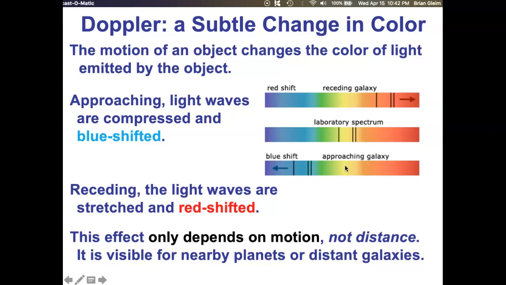And this, when you're talking about galaxies, is huge, because you can figure out how galaxies are moving very quickly by using the Doppler effect. Galaxies are millions of light years away. And yet, if that galaxy is moving toward us or away from us, you can tell from the Doppler effect immediately. The Doppler effect only depends on the radial velocity, not the distance.